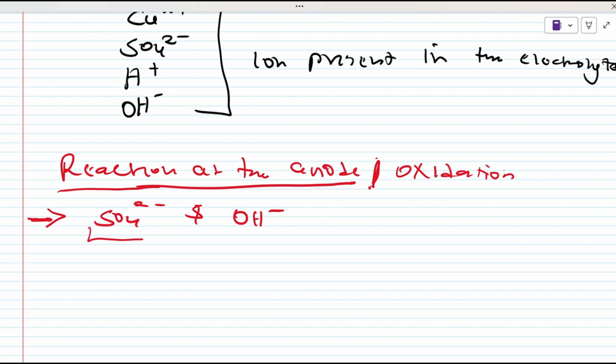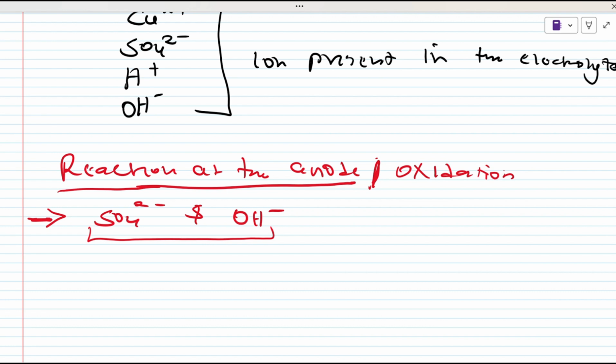So when these two move to the anode, what do you think is going to happen? I'm having sulfate ions and also hydroxide ions moving to the anode. What do you think is really going to happen? Now, the key thing that you need to know is based on preferences.